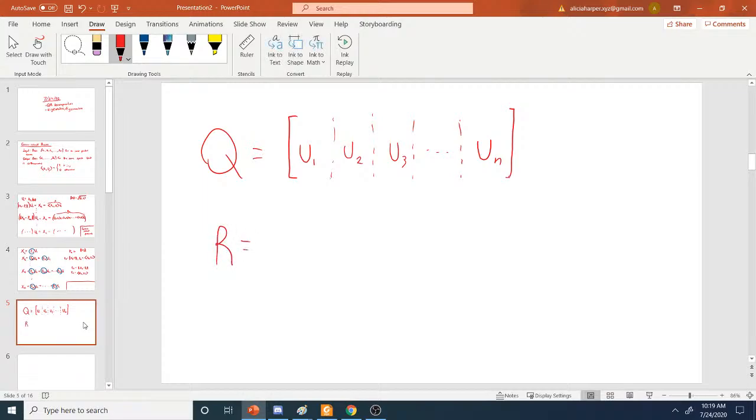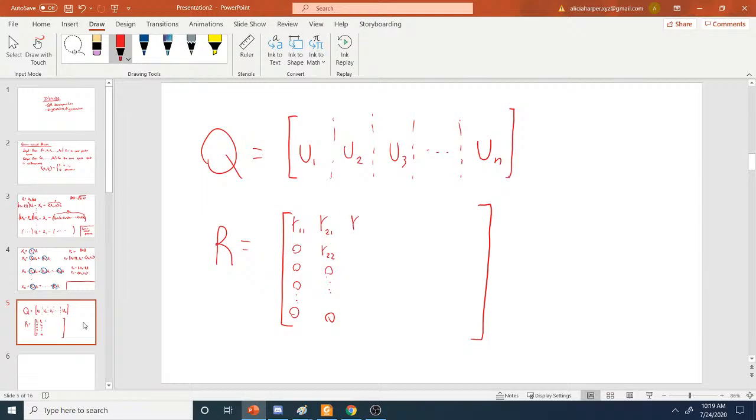I'm going to actually just write it down explicitly. So the first column of the new matrix R is going to have R11 here, and then 0, 0, 0. The second column is going to have R21, and then R22, 0, and so on, all the way down.